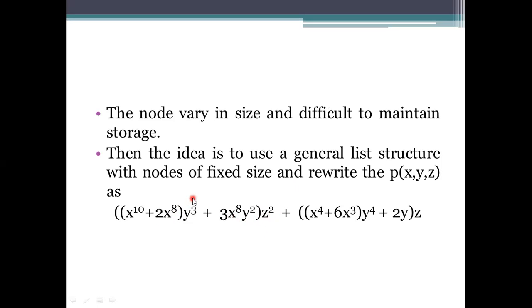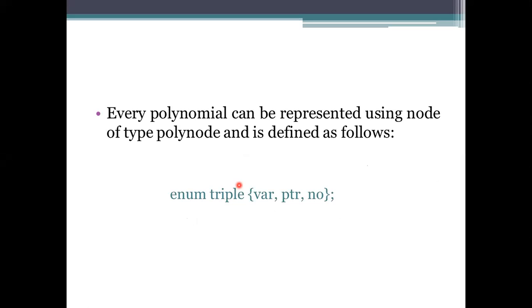If it allows taking a common factor, then use this common factor and minimize the processing of this polynomial. The polynomial should consist of a variable, the next pointer, and the numbers, so the polynomial node should be of fixed size.